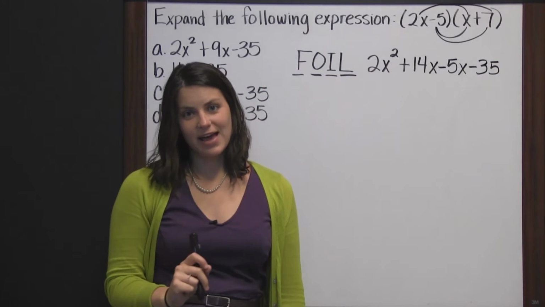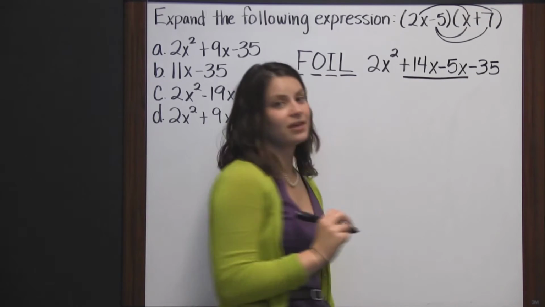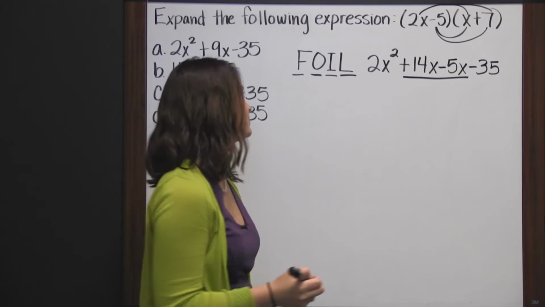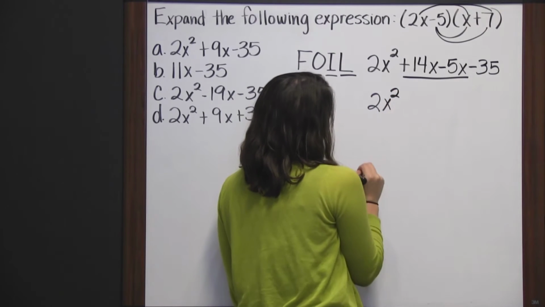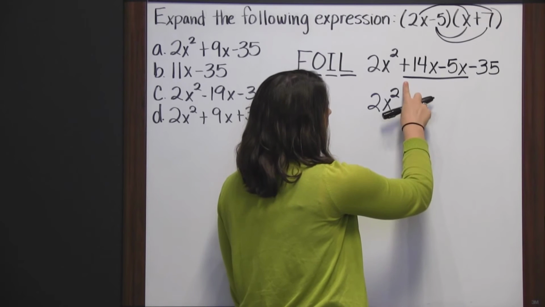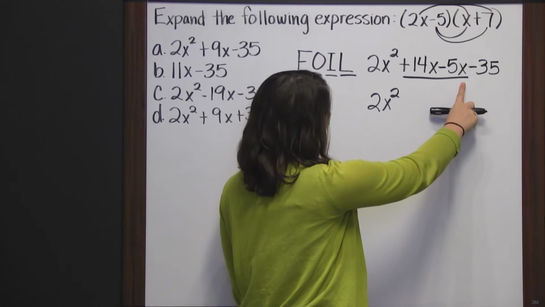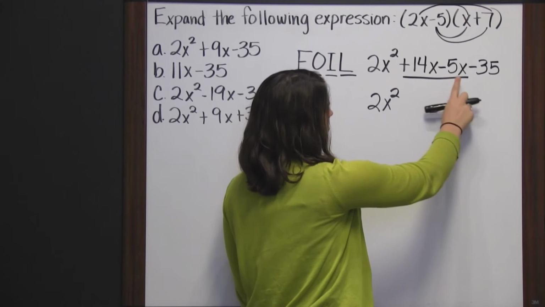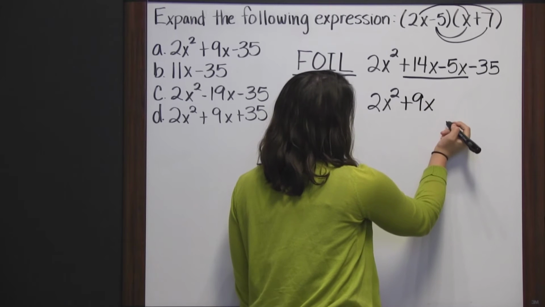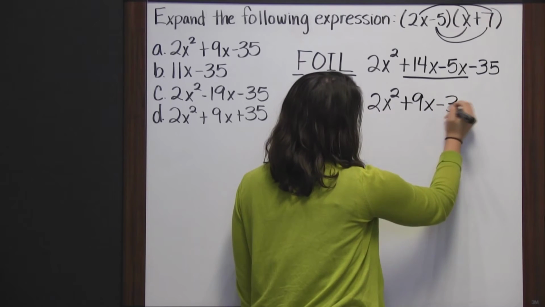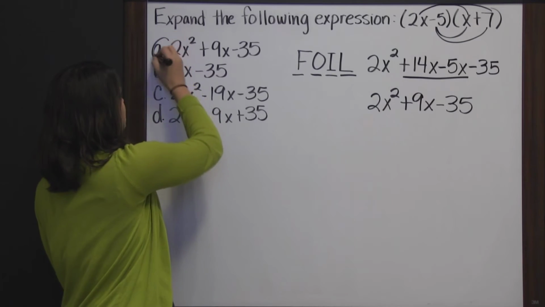But we aren't finished yet because we have like terms that we can combine. So we bring down the 2x squared and combine positive 14x and negative 5x. 14x minus 5x is 9x. So plus 9x minus 35. And that gives you answer choice A.